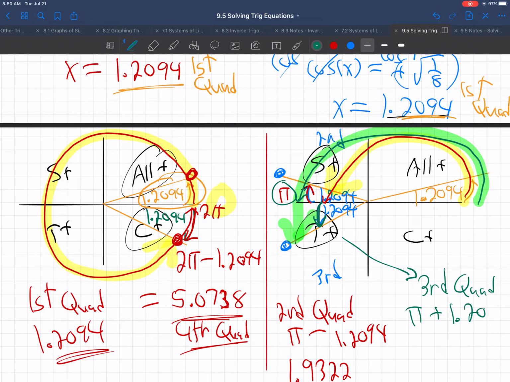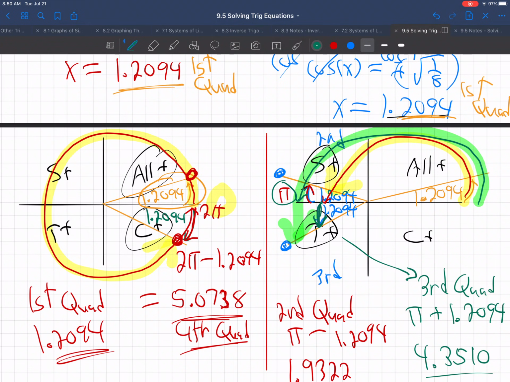Pi and then beyond, not pi and then go back, like the second quadrant was. It's pi and keep on going 1.2094 more. So use your pi button again. This time add 1.2094 to get your third quadrant answer. I'm getting 4.35099, so I'll say 4.3510. There's the third quadrant answer.